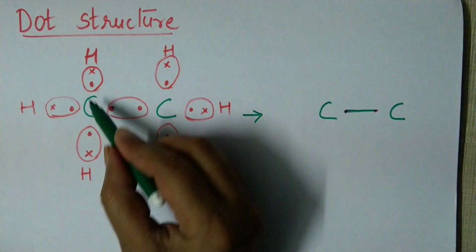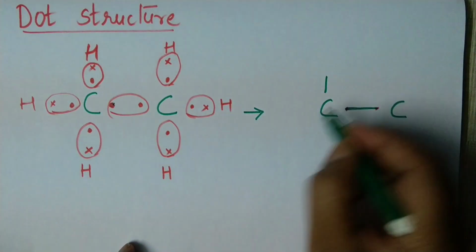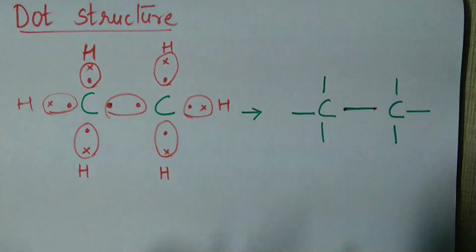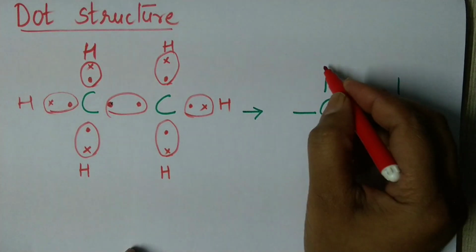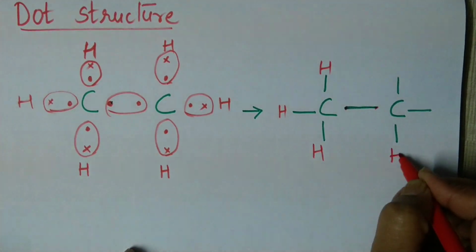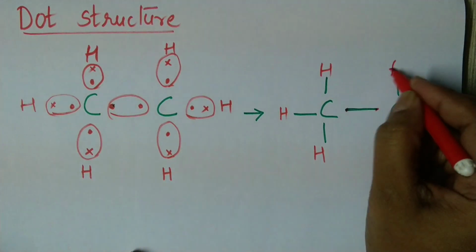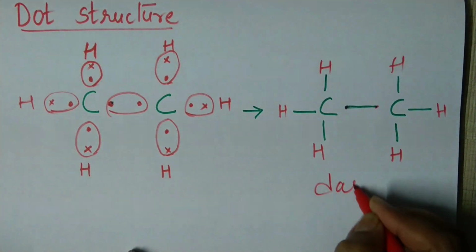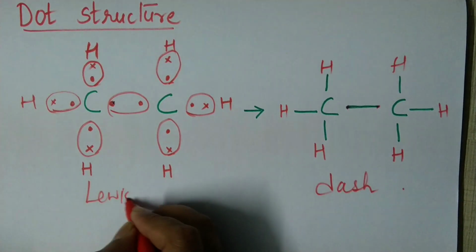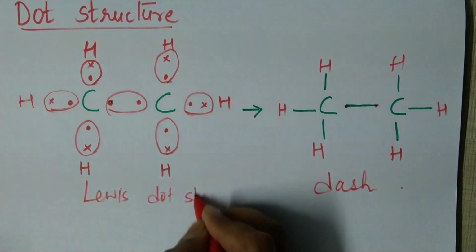So, similarly in between carbon and hydrogen, another dash. So, everywhere I am going to put the dash. So, what are these here? Even if I don't write, it means it is hydrogen. So, this structure is called as dash structure.